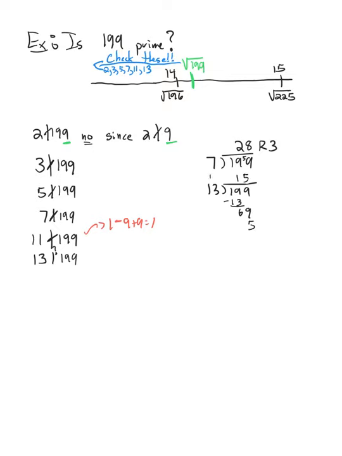Carry your 1. 5 times 1 is 5, plus 1 is 6. We get a remainder of 4. So 13 isn't a factor of 199 either. There we go. None of these primes less than the square root of 199 are a factor of 199. So by the test for primality, we know 199 is prime.